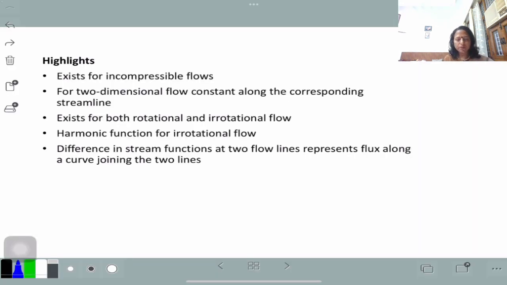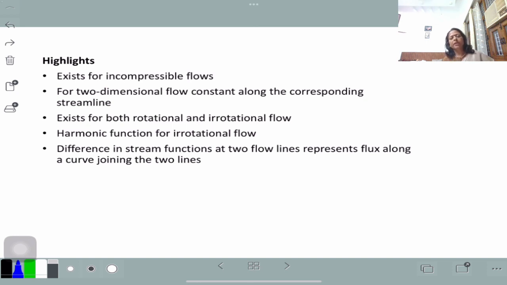So first of all, if we look at the highlights of this topic, the first thing is that this is a scalar function which exists for incompressible type of flows, and I'm talking about the two-dimensional flows. So for two-dimensional flows, this function is constant along the corresponding stream lines.